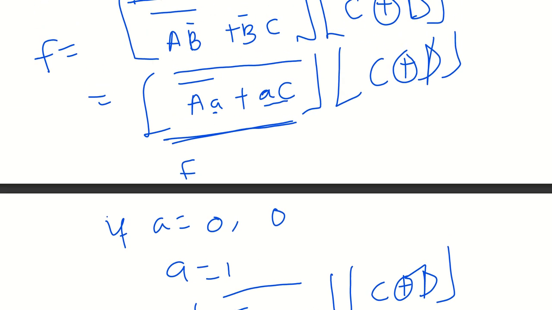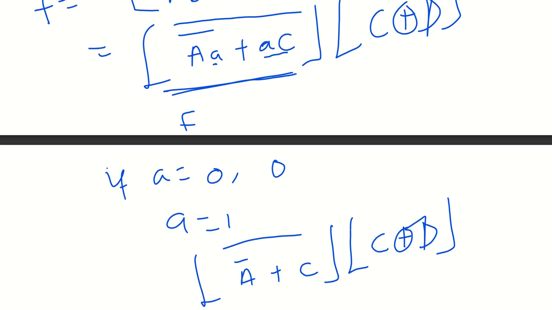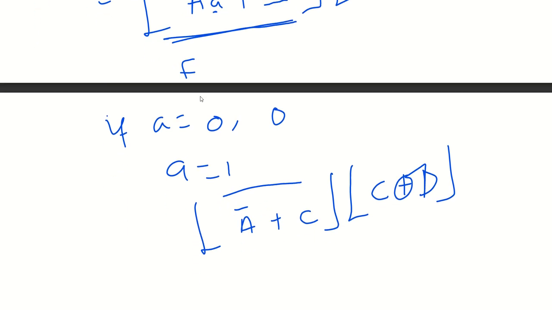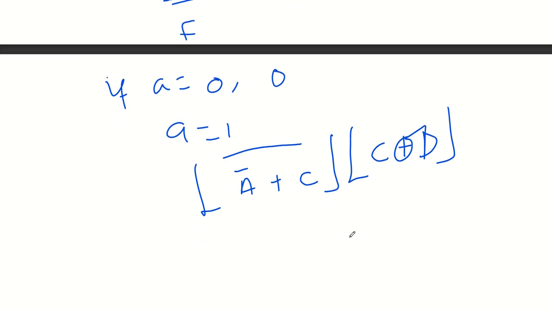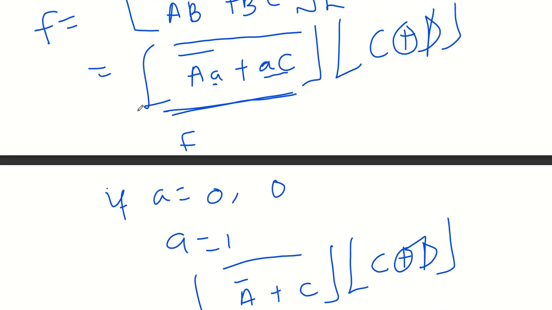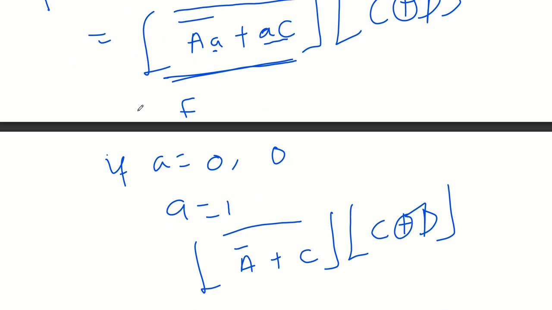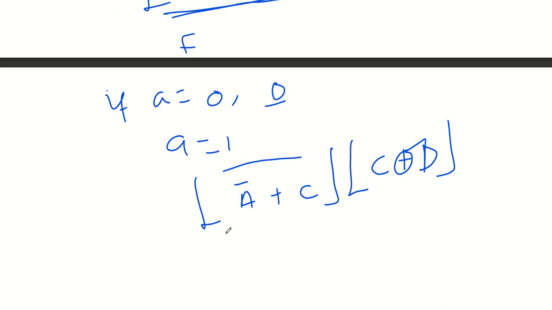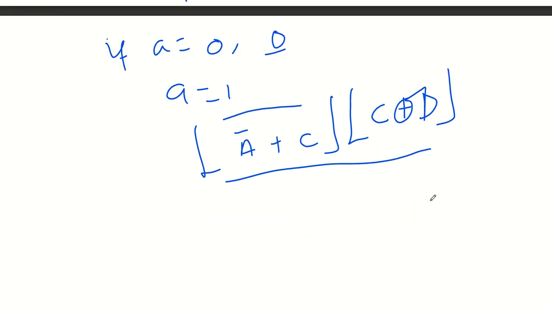And the next steps are you have to determine the values for which this function would give you 1. No, sorry, we are not done yet. When a is equal to 0, you have a 0, and when a is equal to 1, you have this expression. So you have to determine the XOR of the two of them.